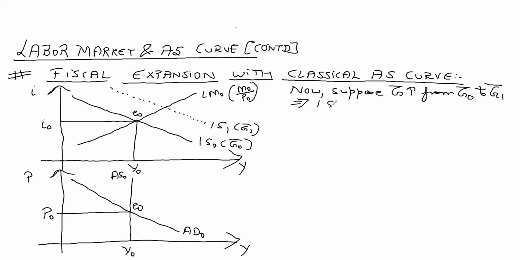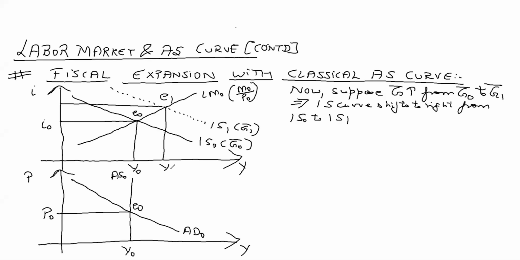This implies the IS curve shifts to the right from IS0 to IS1, which implies my economy moves from point E0 to point E1.